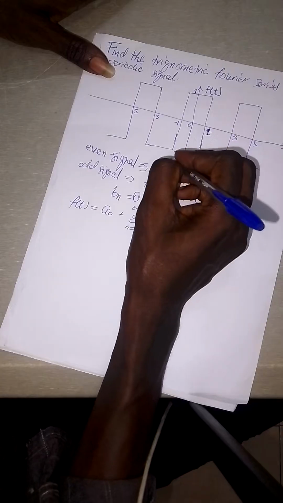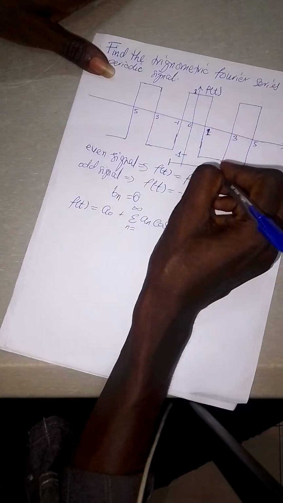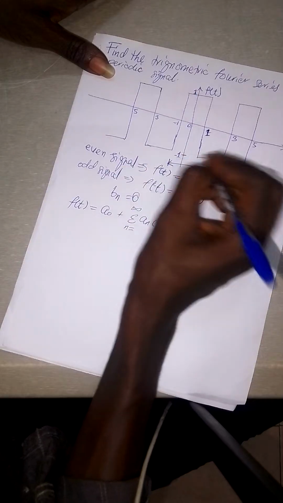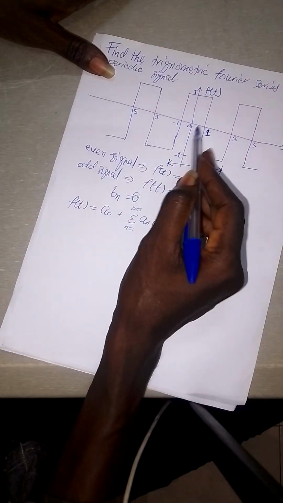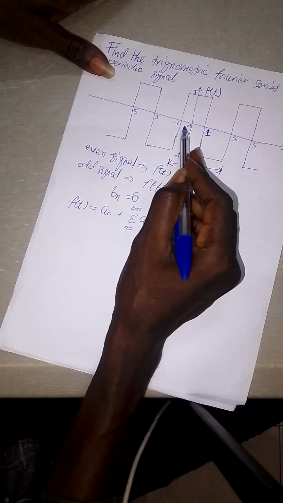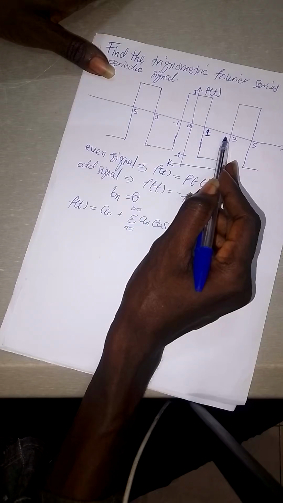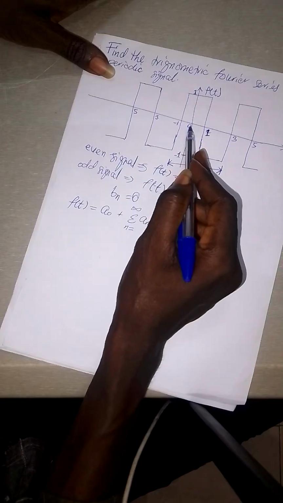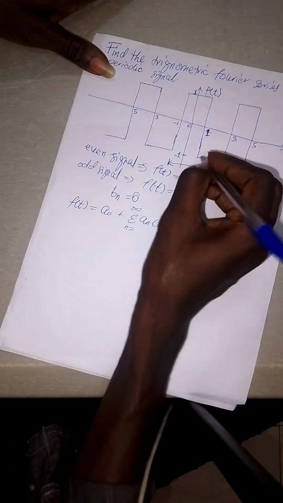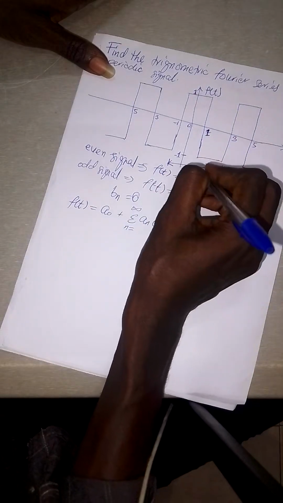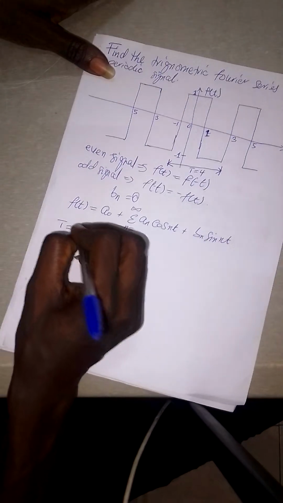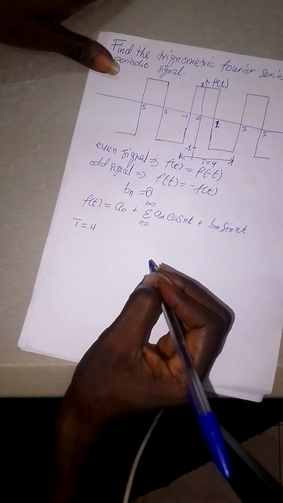So my period is from here up to here. That is 4 spaces: from minus 1 to 0, 0 to 1, 1 to 2, 2 to 3. So T is equal to 4.